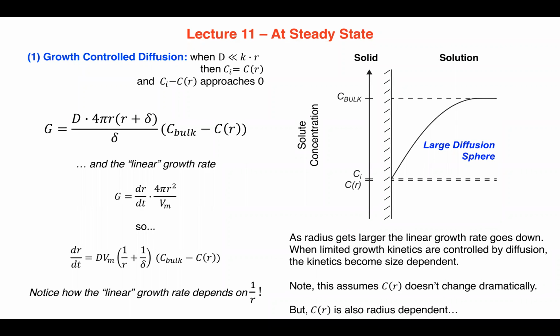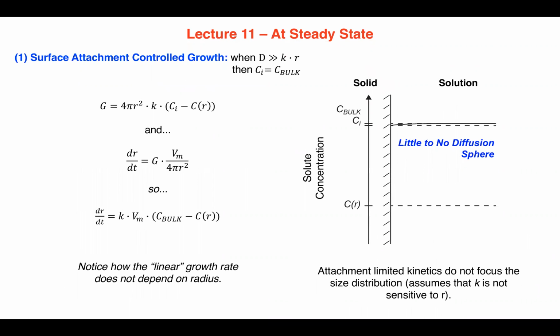So different particles in an ensemble will have different rates of growth. This is the key finding. The radius dependence of this thing makes diffusion limited growth very interesting, as we'll come back to in just a second. Let's do the other case first.